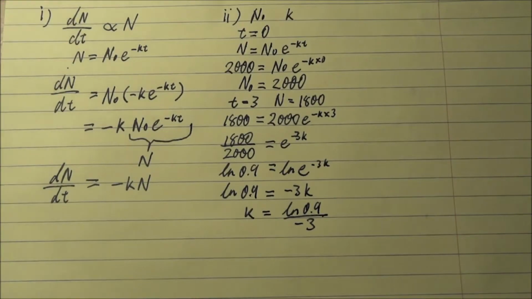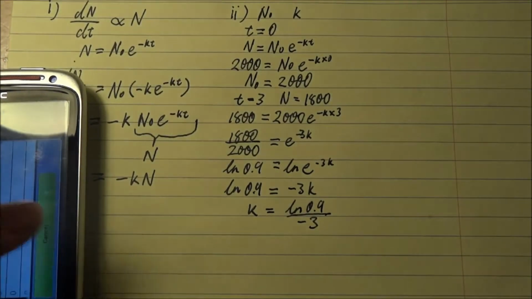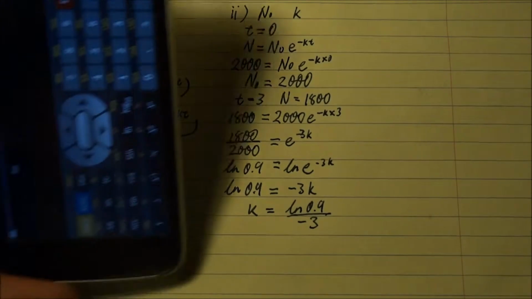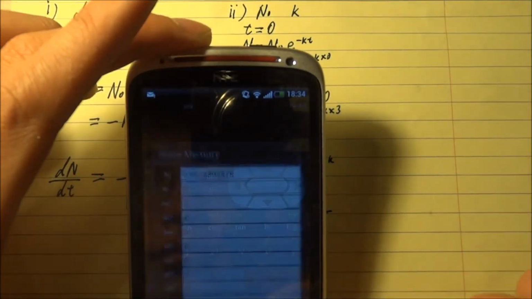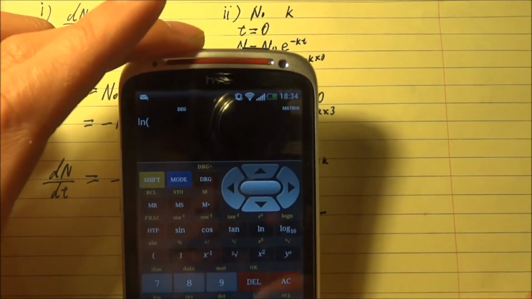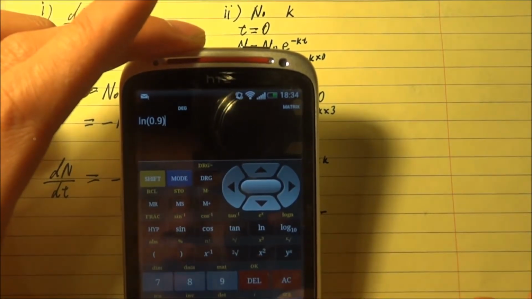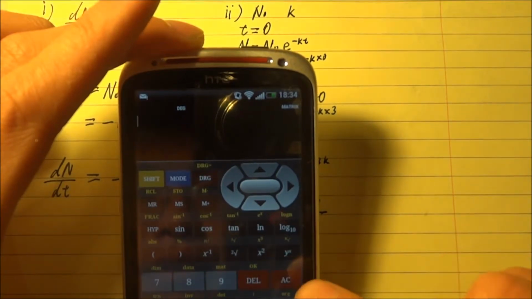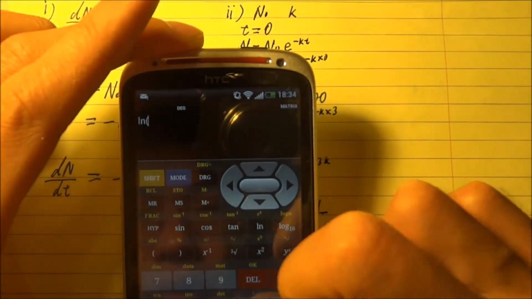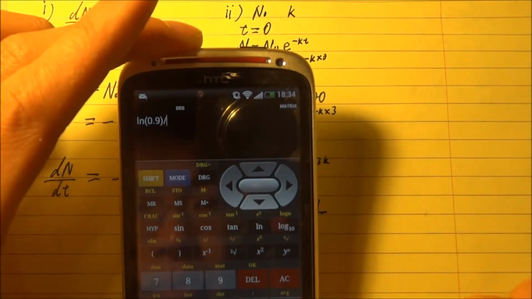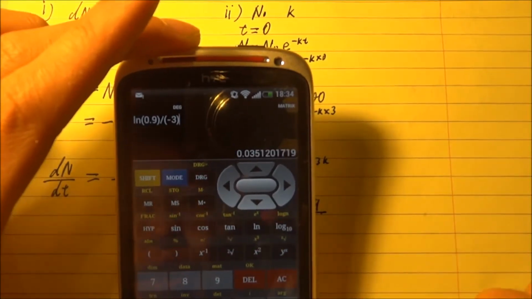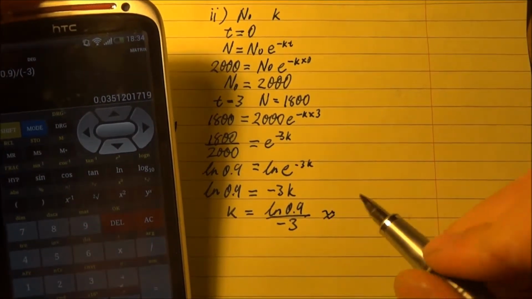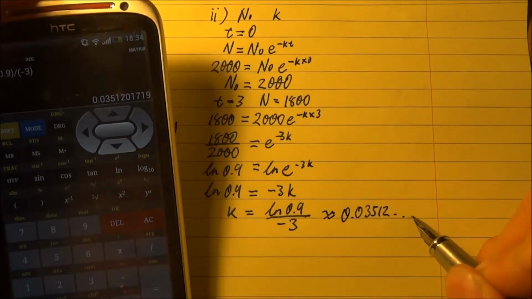To work it out, log 0.9 over negative 3 is approximately 0.03512 something.